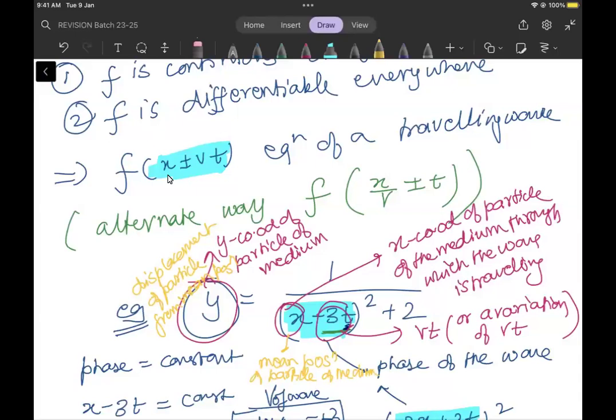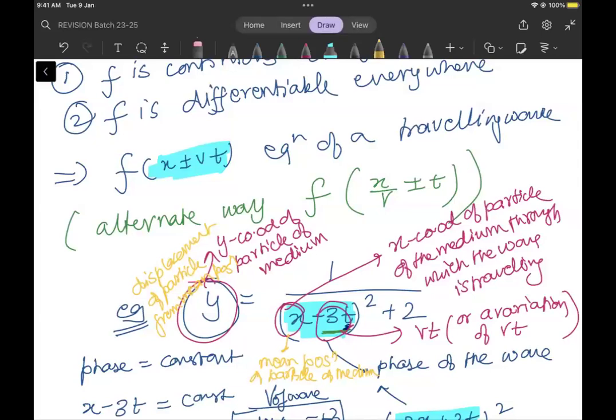Now this description that I am giving, what is written here, this is for a mechanical wave. So there can be electromagnetic waves as well, and other types of waves as well, where y would not represent the y coordinate of the particle of the medium. It would represent a different physical quantity altogether.